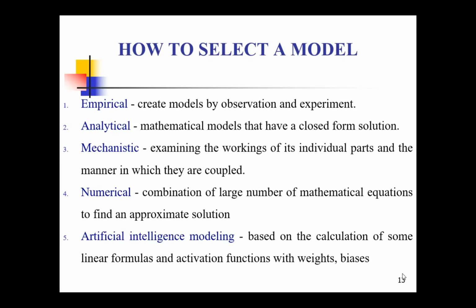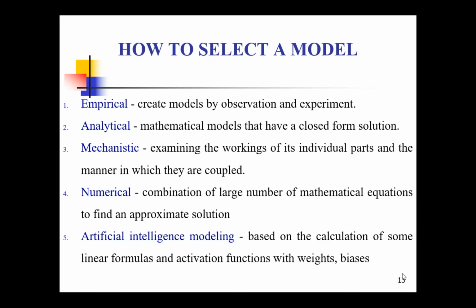And the fifth one is the artificial intelligence model. That is the artificial neural networks, the fuzzy logics and all these things, which have some linear functions and activation functions. The other name for activation function is the transfer function: sigmoidal function, ramp function, step function, which consider some weightages and bias.